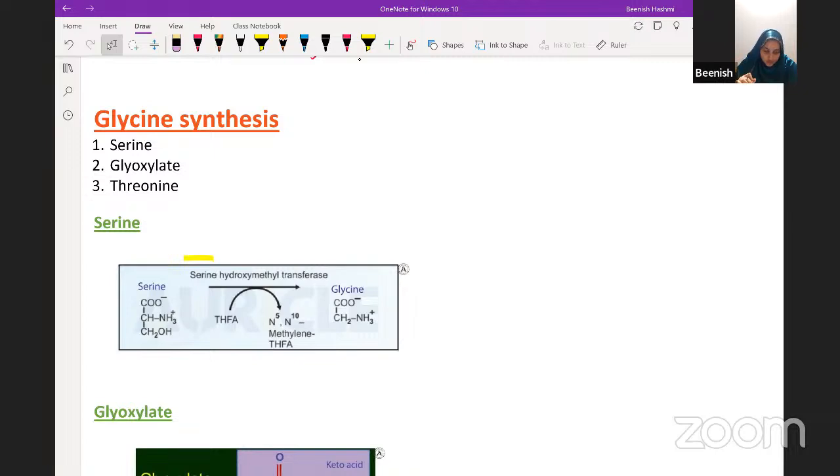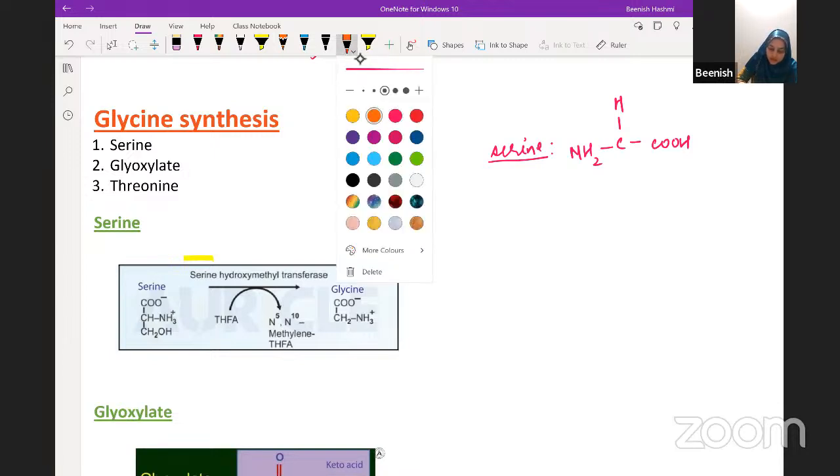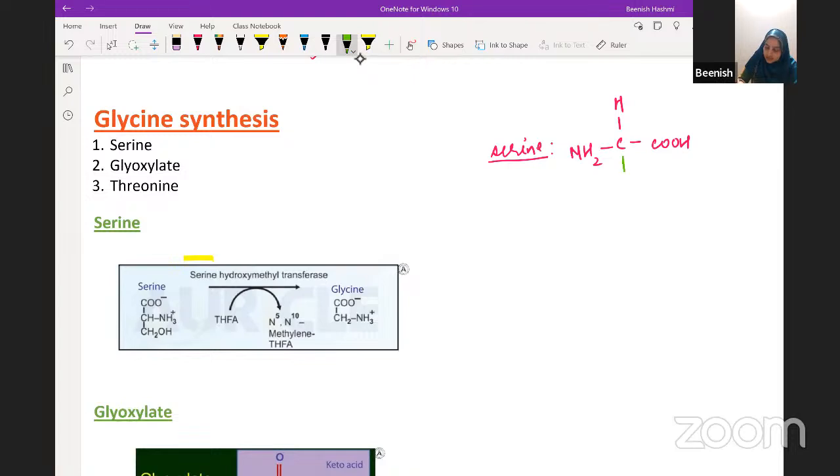So talking about its synthesis from serine, if you compare the structures of serine and glycine, I'll show you the structure of serine. I'm drawing the constant part of serine, which is constant for any amino acid. And now serine, as we all know, is a hydroxyl containing amino acid.